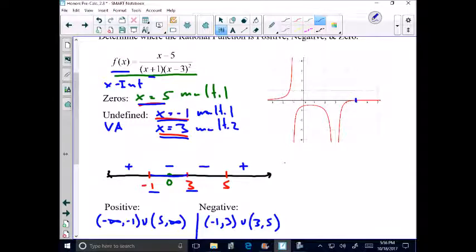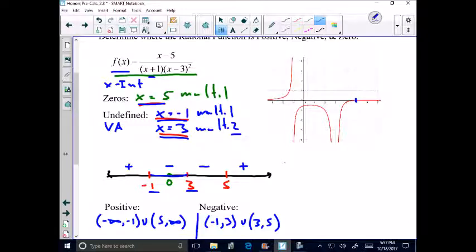Then at the x value of -1, we have that vertical asymptote, which causes us to go up to positive infinity. And then on the other side of -1, we're negative in between -1 and 3, and then at the x value of 3 we go down into our second vertical asymptote, but since that x value giving us 0 in the denominator has a multiplicity of 2, we don't change signs, so we're coming up from -infinity there.